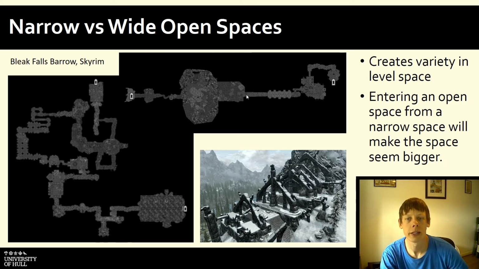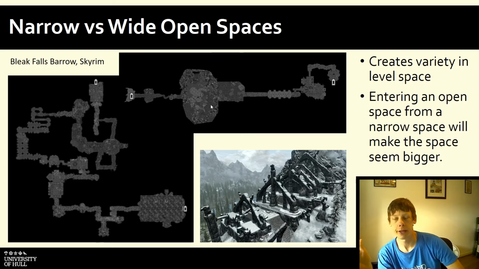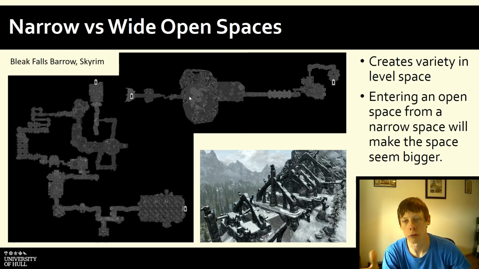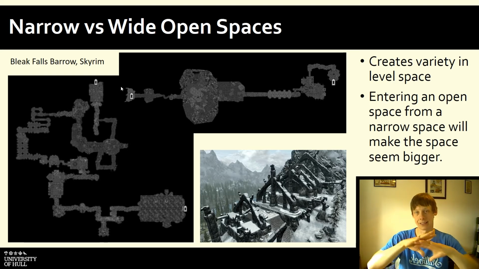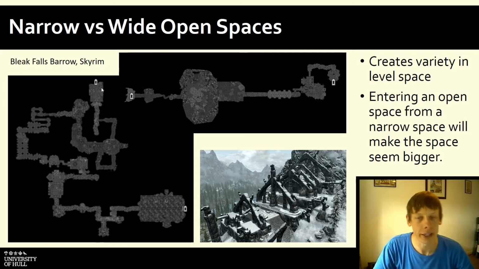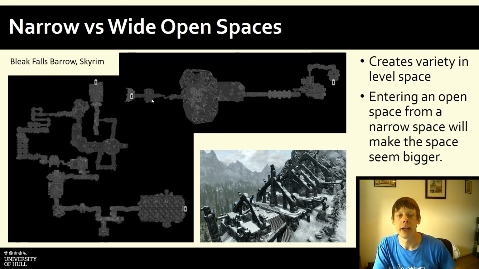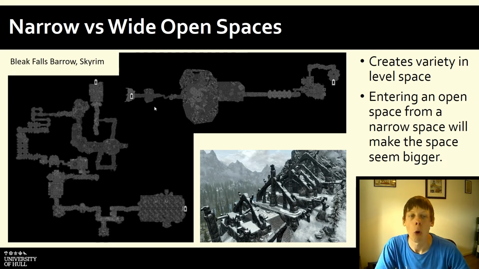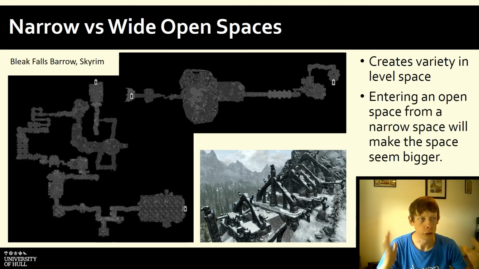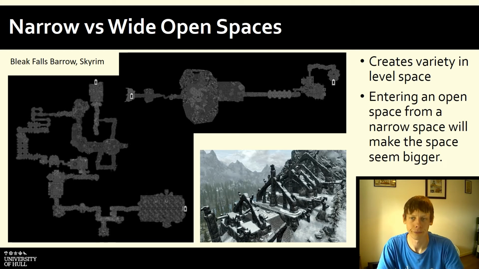This is a really narrow space. Then it opens up into this really wide space, makes it feel a lot grander. And then again, narrow spaces before exiting into the actual open world. Give that sense of, okay, I've been in a narrow space and an open world again. Not only does it make the bigger spaces seem more impressive, but it offers some variety in the space there. So you're not just in the same space environment, you're going big, small, and it's more interesting if there's a bit more variety to it.